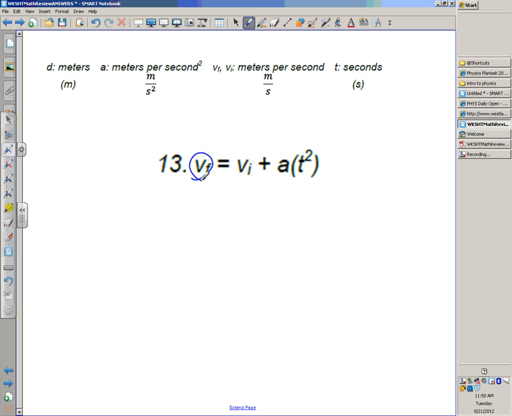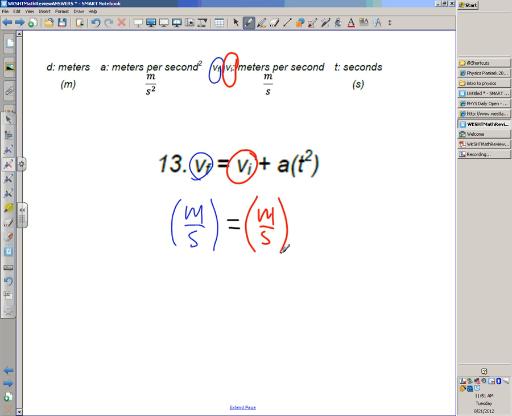First, VF. It tells you up here that we measure VF in meters per second. So in this equation down here, no numbers, all I'm going to do is plug in m/s where it says VF. Okay? That equals VI, right? So I look up here at the top, VI is also measured in meters per second.